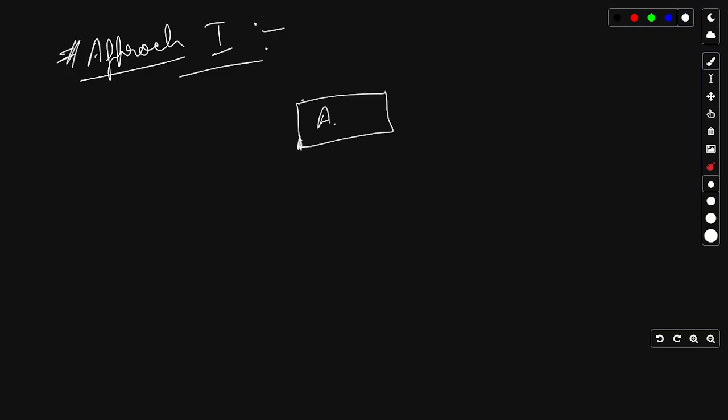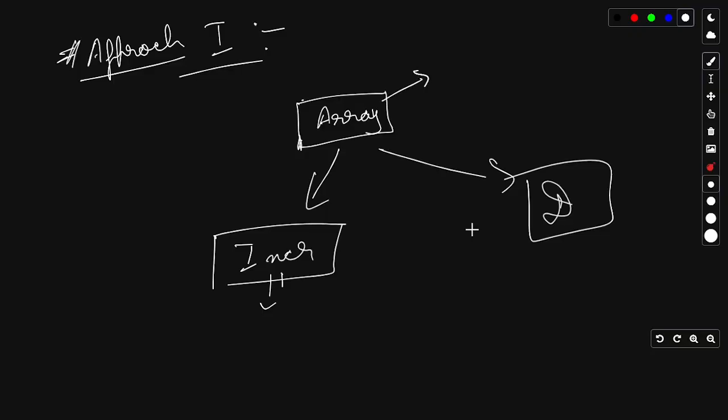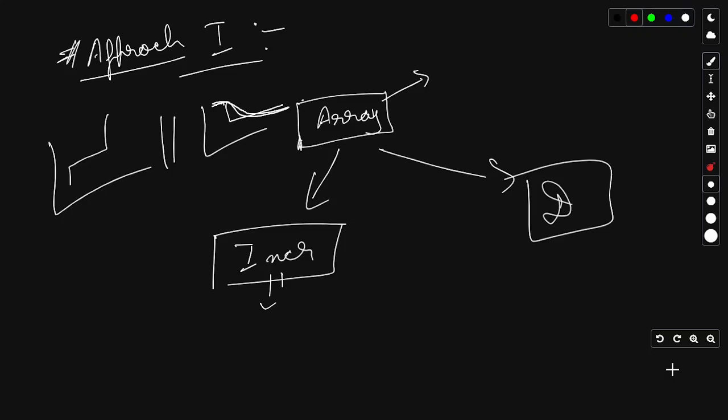Let's say a particular array is there, and you want to check if it is monotonically increasing or monotonically decreasing. You can maybe create two functions right here, and based on what I've already told you, the graphs might be like this, or like this.